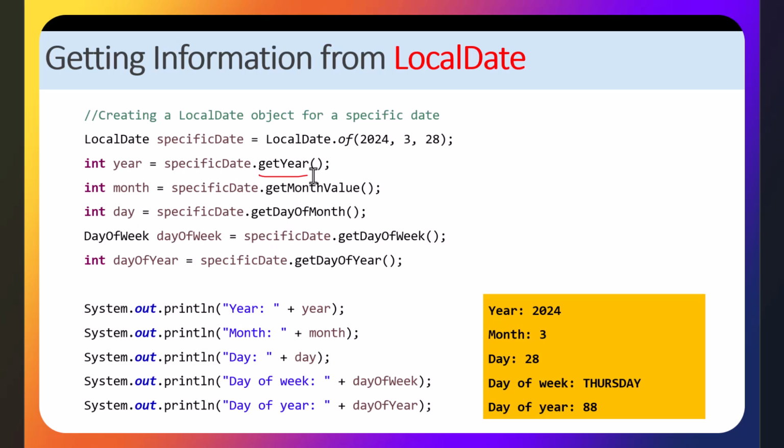So getYear returns the year. getMonthValue returns the month value. getDayOfMonth, which day of the month. getDayOfWeek. And if you look at the output here, you will see Thursday. And getDayOfYear will return the day of the year, meaning which day this one is in the year. Let's see this code.